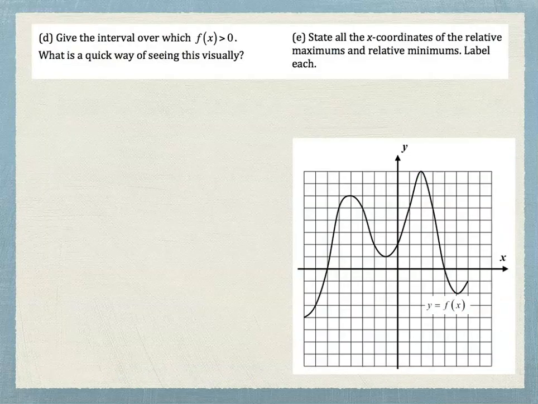Same graph. Now I want to give the interval over which f of x is greater than 0. The line where f of x equals 0 has another name, and that's our x-axis right here. Where is the function greater than 0? It's greater than 0 anywhere it's above the x-axis. So it starts being above the x-axis right here, and it stays above until it stops being above right there.